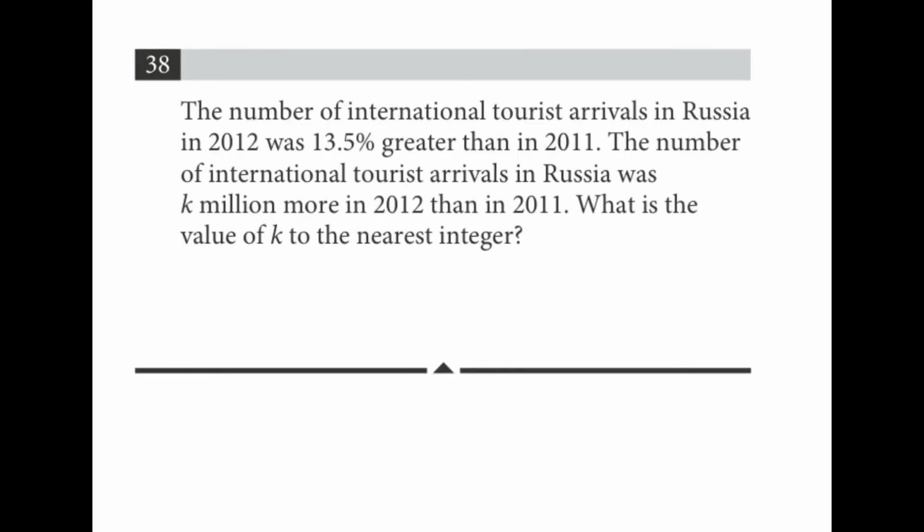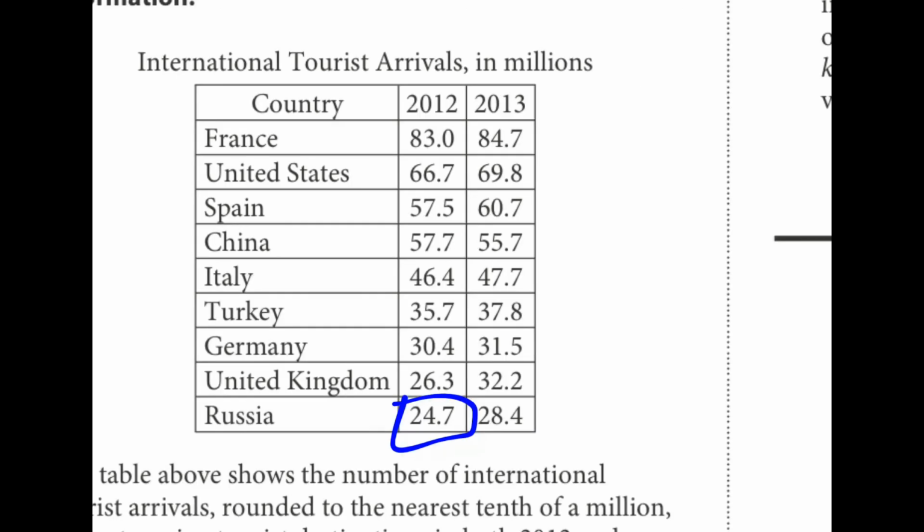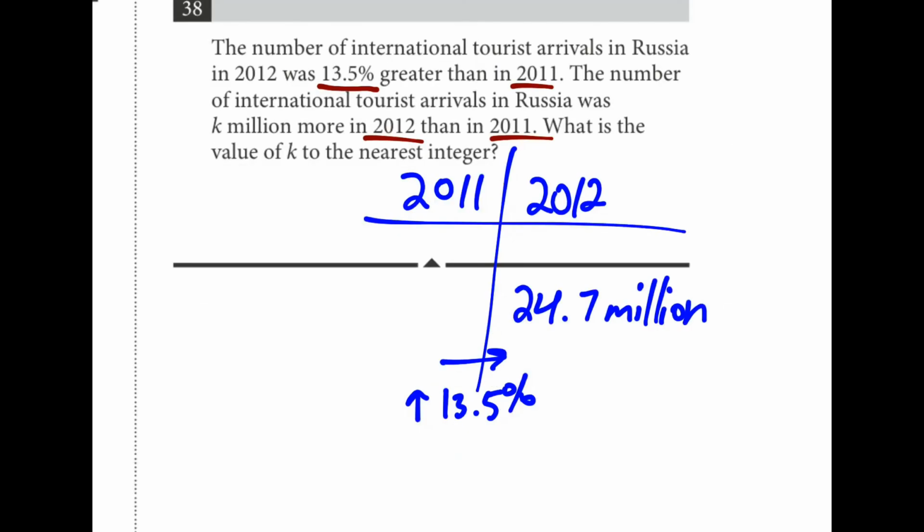38, the number of international tourist arrivals in Russia in 2012 was 13.5% greater than 2011. So based on that percentage, what was the actual additional amount of tourists in 2012 compared to 2011? Well, our 2012 arrivals was 24.7 million, and we went up by 13.5%.